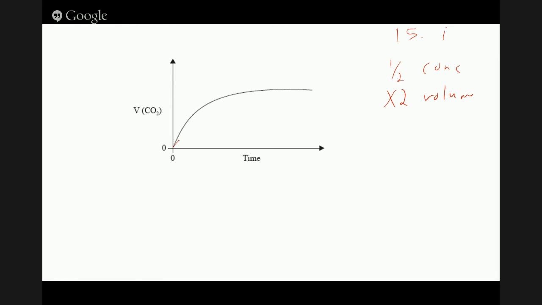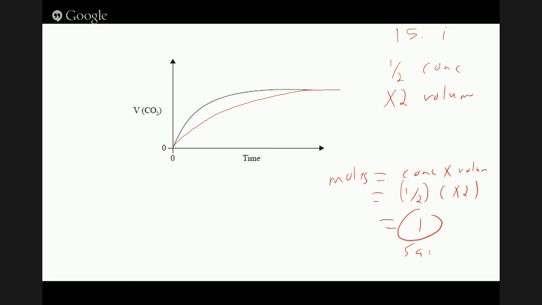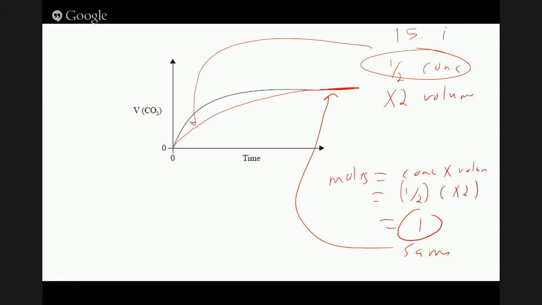Half the concentration is going to be a slower reaction, but double the volume means the moles are the same. Moles equals concentration times volume. If I have half the concentration times twice the volume, the moles are going to be the same. Because I have the same moles, I'm going to finish at the same spot. However, because I have half the concentration, it's going to be a slower initial rate. So that's 15I.